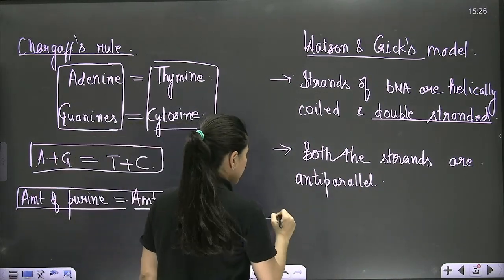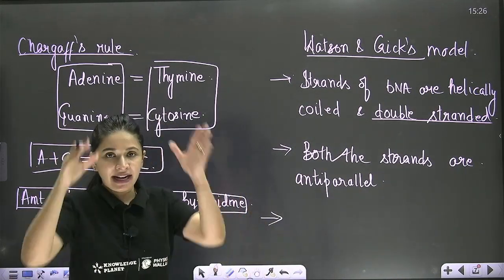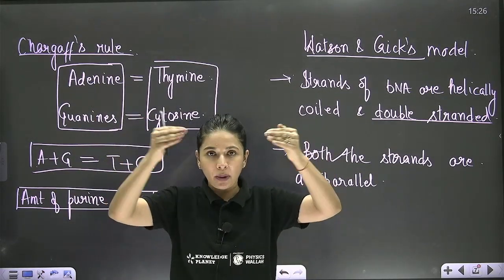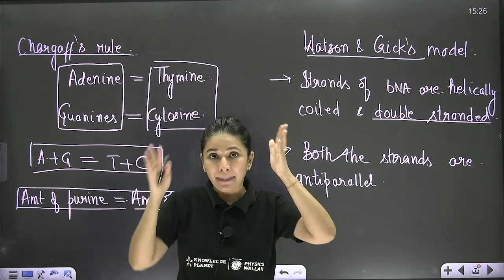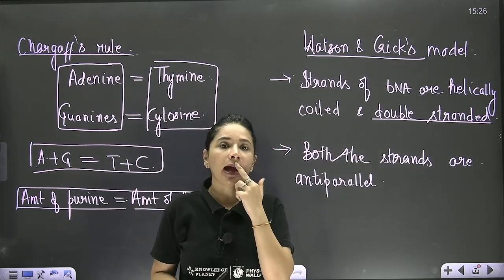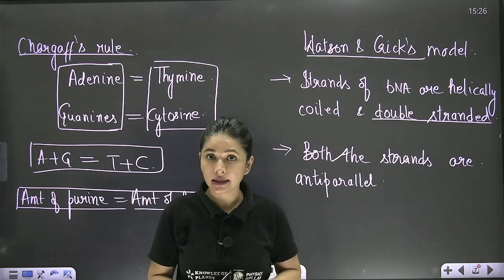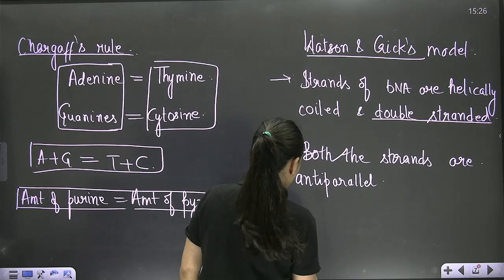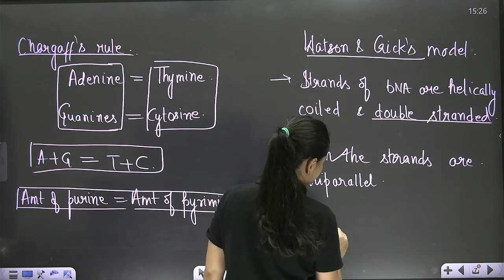Third, according to them, whenever you observe the structure of DNA, nitrogenous bases will always project inside, and the backbone of DNA is in the hands of the phosphodiester bond. So the third point you're going to write is nitrogenous bases project inward, and the backbone of the structure is nothing but the phosphodiester bond.